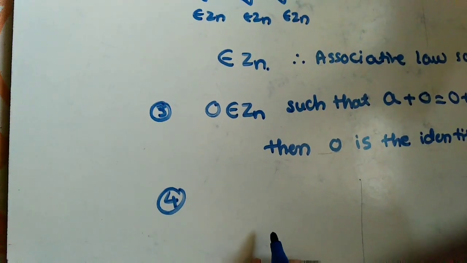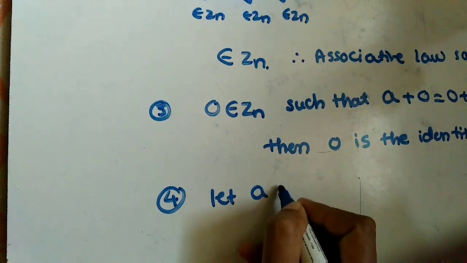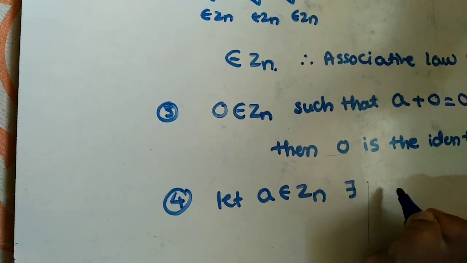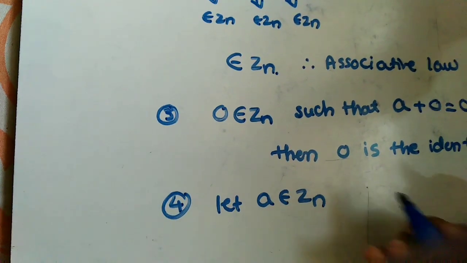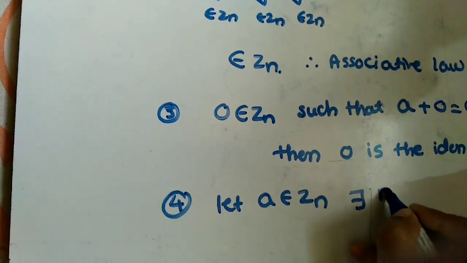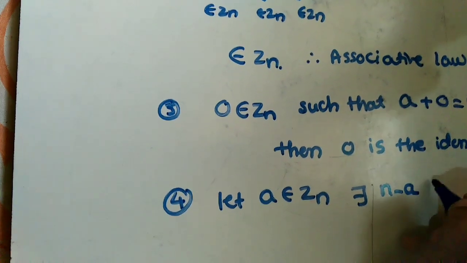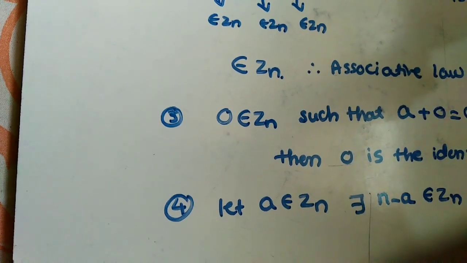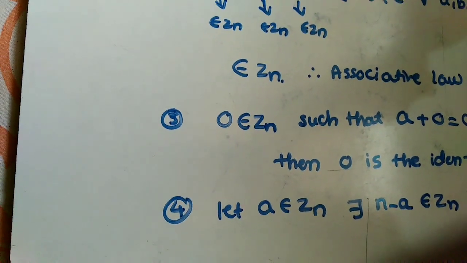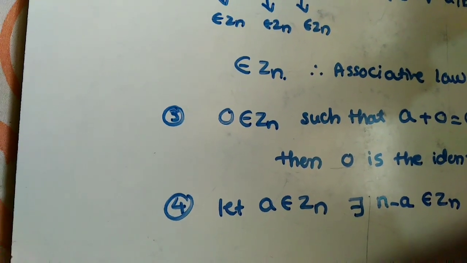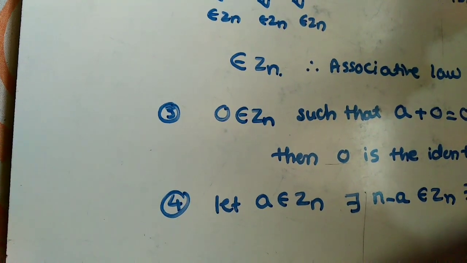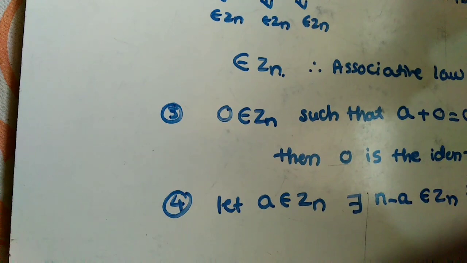What is my fourth law? The inverse law. Let's take one element a which belongs to Zn. Then there exists n minus a belonging to Zn, such that a plus (n minus a) gives me n, which is 0.